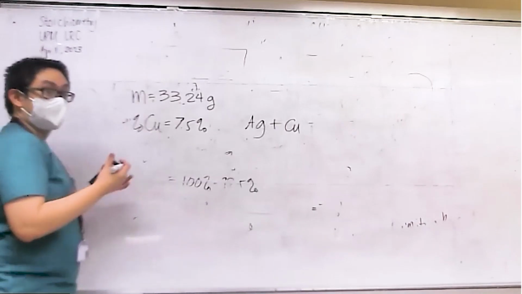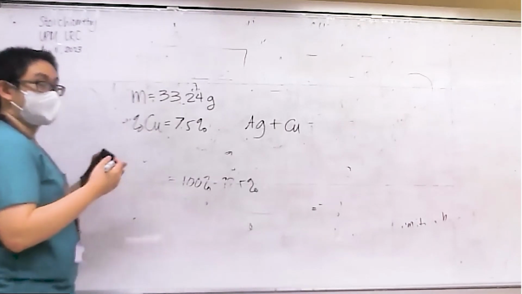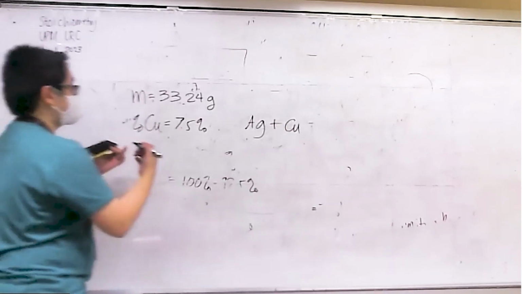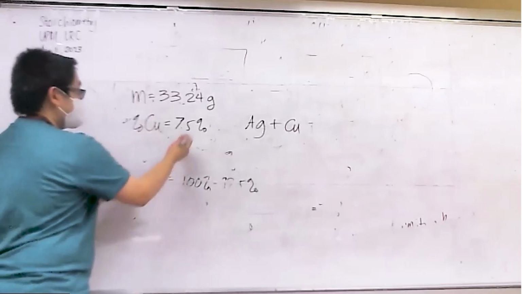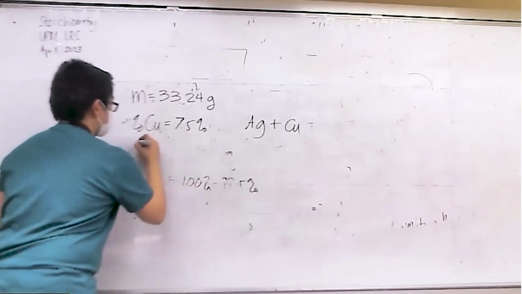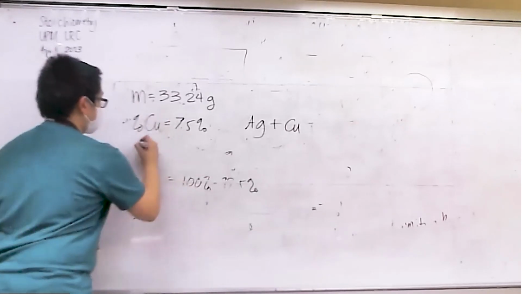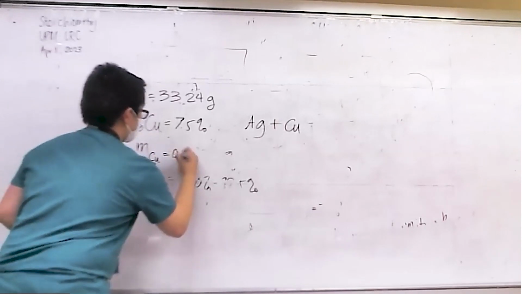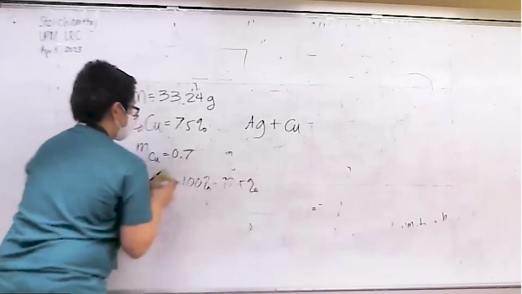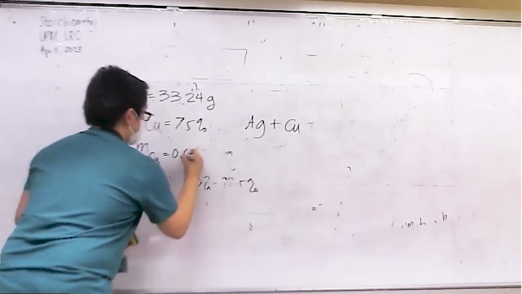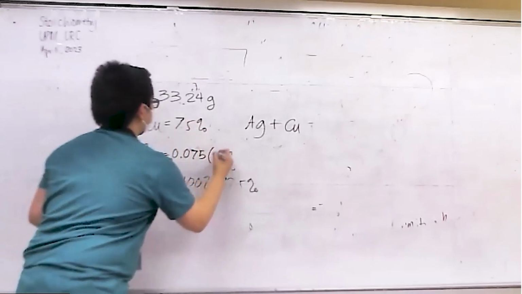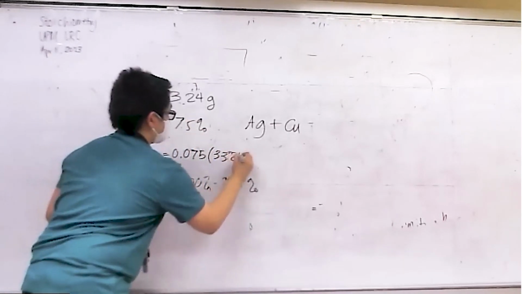Okay. 2.493, now. And the method of how to do it is just by taking yung amount, so mass of copper in the sterling silver would be just multiplying 0.075, which is yung 7.5%, times yung 33.24 grams.